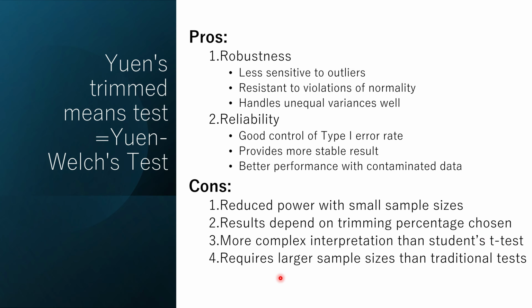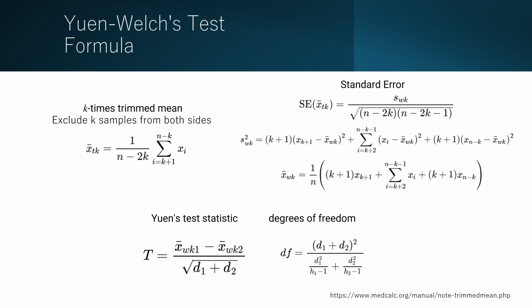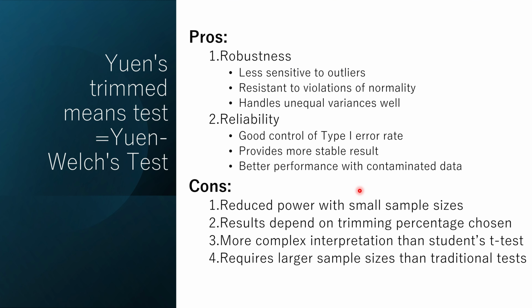And because we need to trim, the required sample size is larger than the traditional test. And using this formula, the interpretation is a bit more complex than the Student t-test.